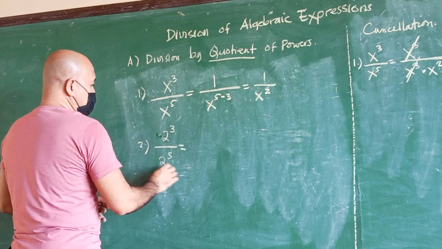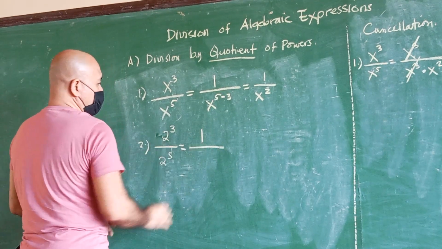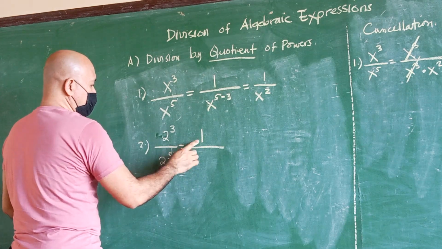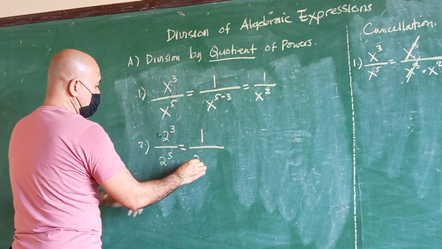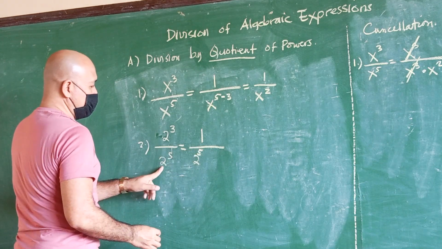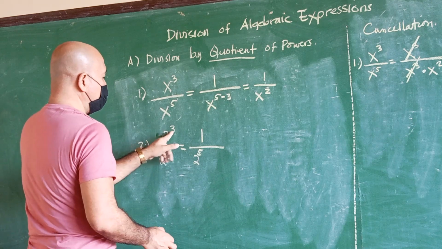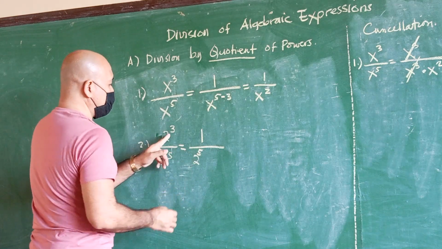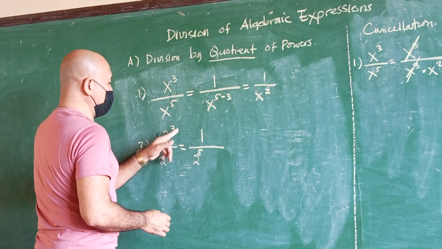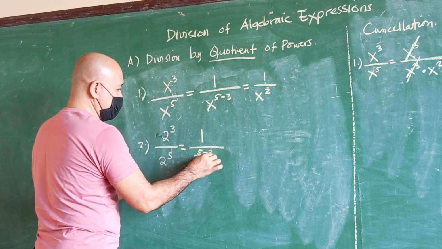Since the bases are the same, you may just use 1 for the numerator and then copy 2 for the denominator, as well as the exponent, and subtract the exponent of the numerator from the exponent of the denominator, so that becomes 5 minus 3.